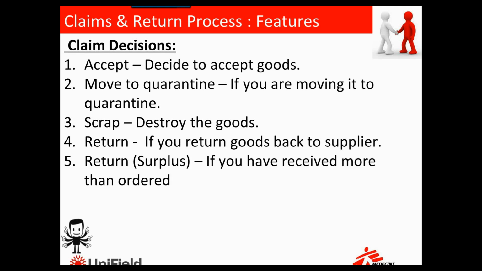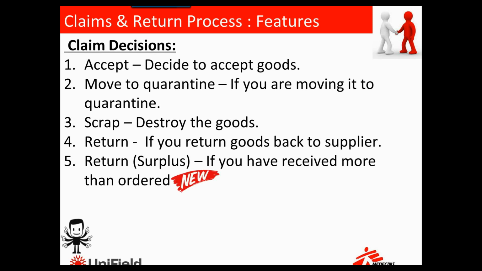So what do we have now with version 7? We have an option called return surplus. Return surplus is for when you as a project have received more than what you had actually ordered.